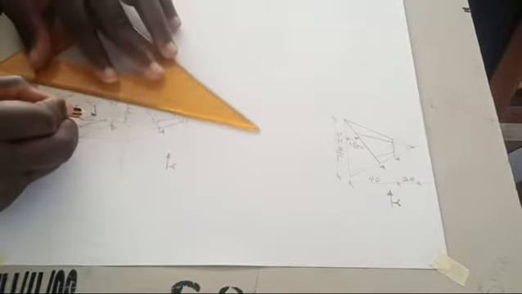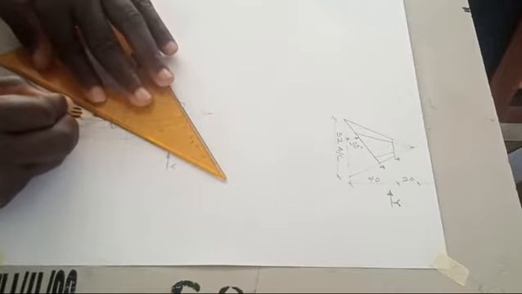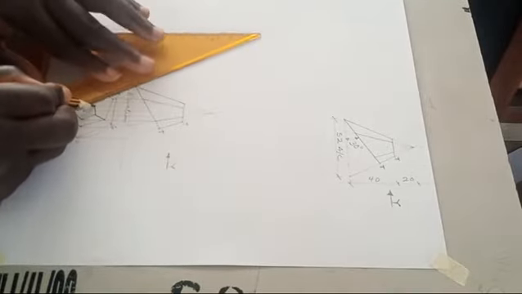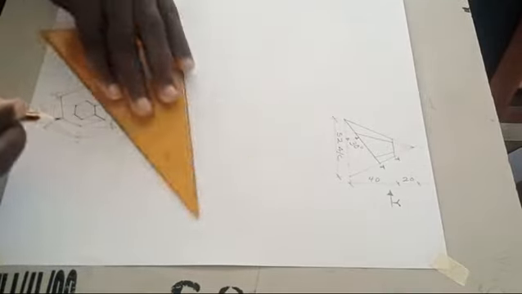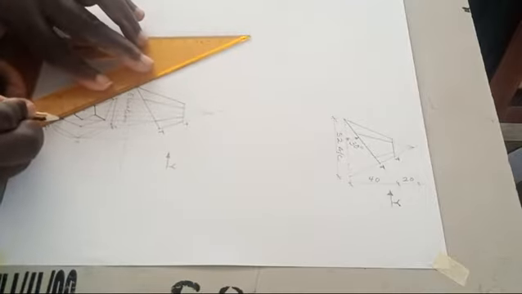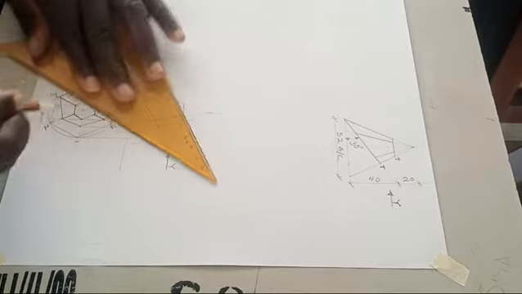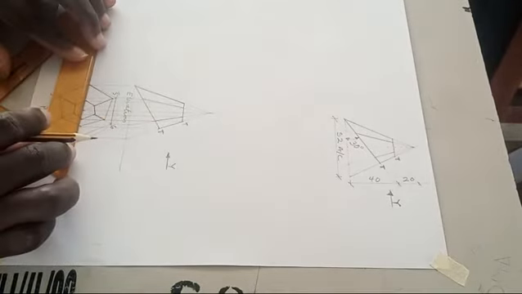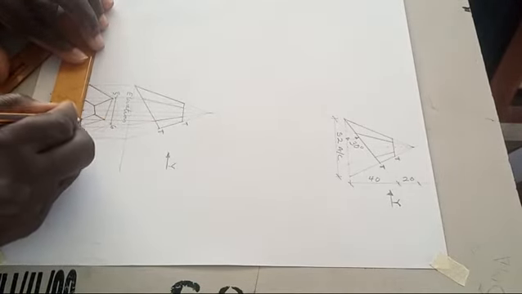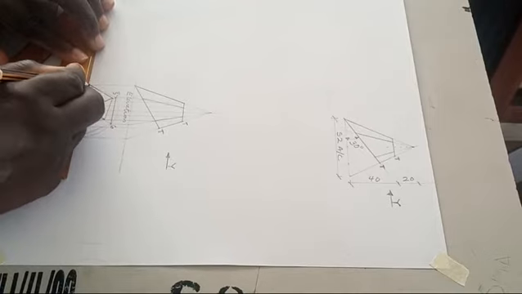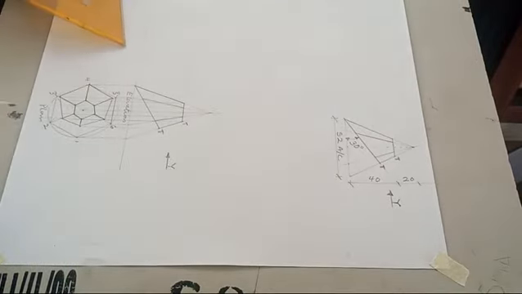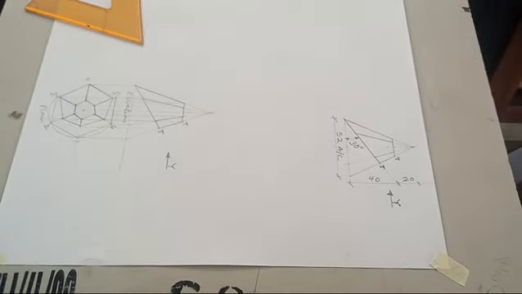You can now connect the edges with thick lines. This one up to this place and up to this place. So that is the complete plan of the pyramid.